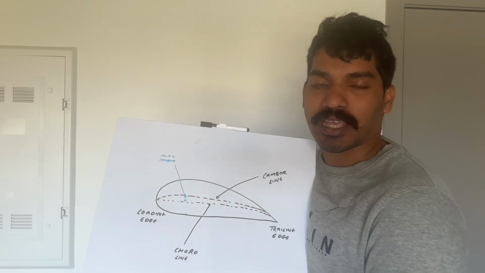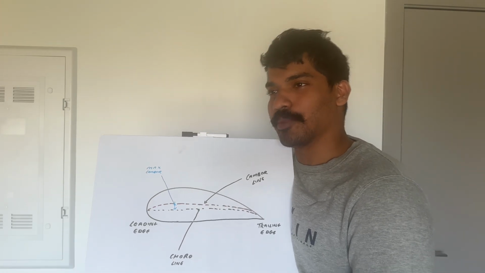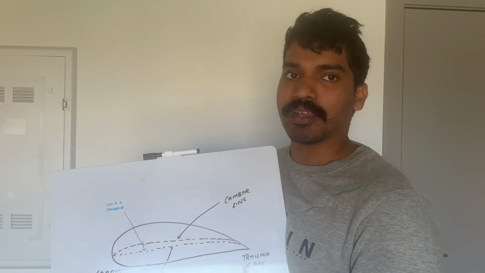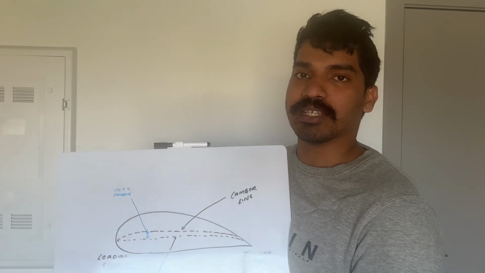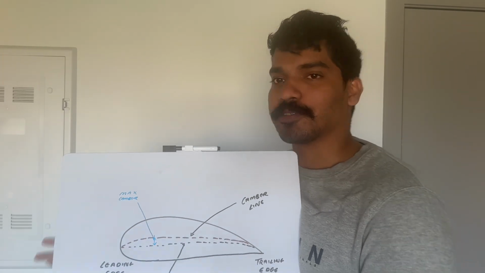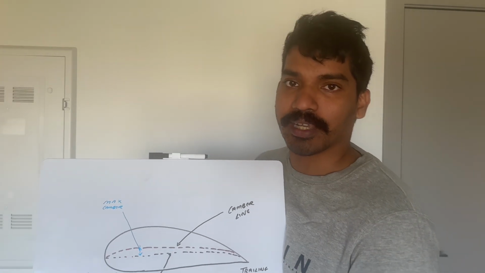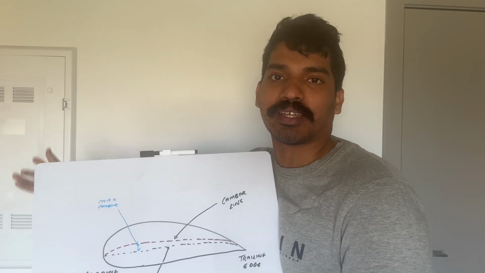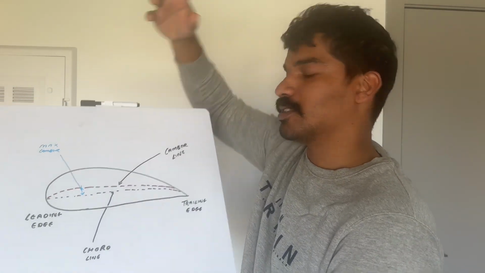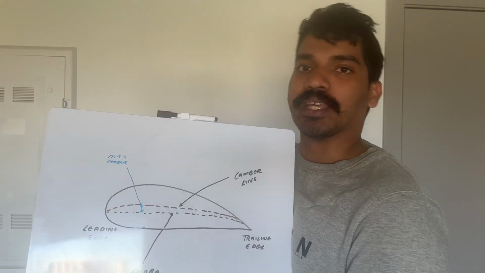So when does max camber come into effect? It generally comes into effect when they are designing a wing, and all these things basically decide the utility of a wing. It can be a sports aircraft, a utility aircraft, or a huge passenger aircraft. For all these, the size of the camber line will vary, right?